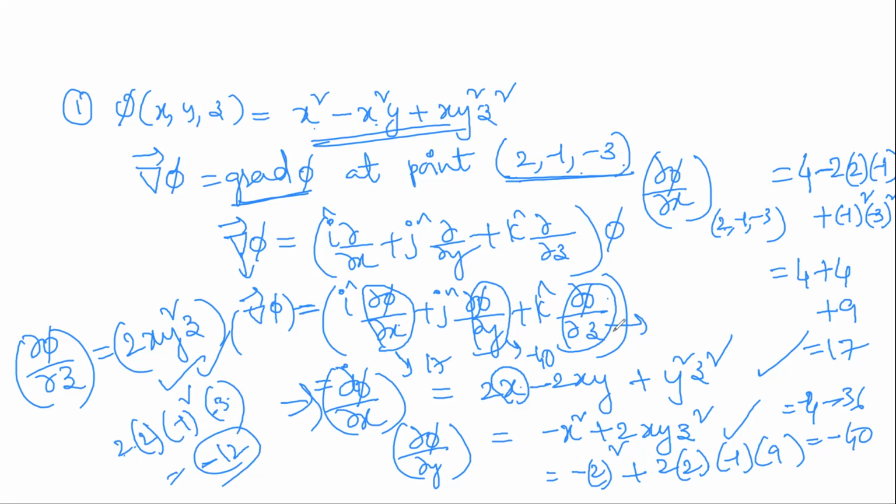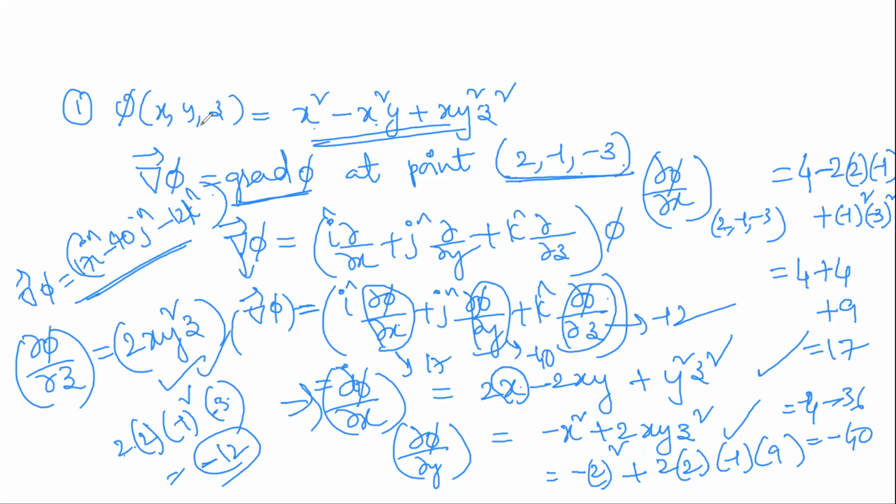So this is minus 12. Hence grad phi is equal to 17 i cap minus 40 j cap minus 12 k cap. Okay, this is the gradient of phi. In this way we calculate the gradient of a scalar function at a particular point.